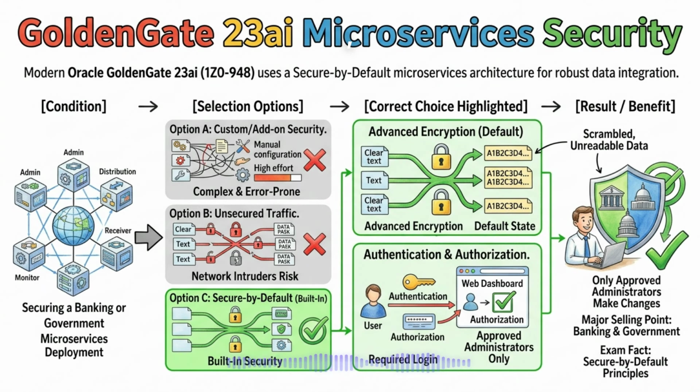Furthermore, to log into any of the web dashboards, you must be authenticated and authorized, ensuring only approved administrators can make changes. This secure by default design is a major selling point for Oracle GoldenGate 23ai in banking and government sectors. The certification exam will require you to deeply understand these built-in security principles.